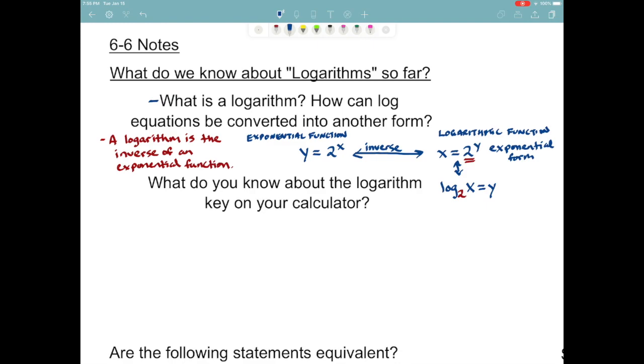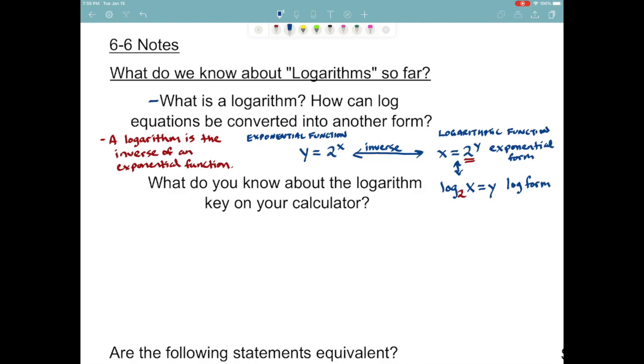Remember, this is our way of isolating the exponent, or getting the output by itself. This is what we referred to as log form or logarithmic form. So we will continue to practice switching between the forms to help us solve equations as we work through the rest of this chapter.